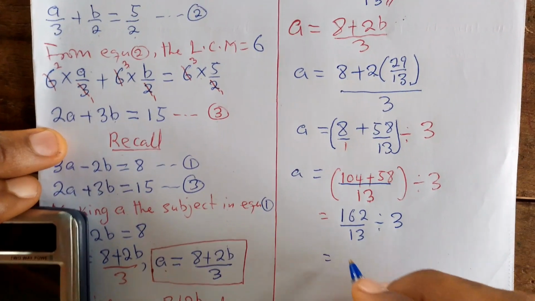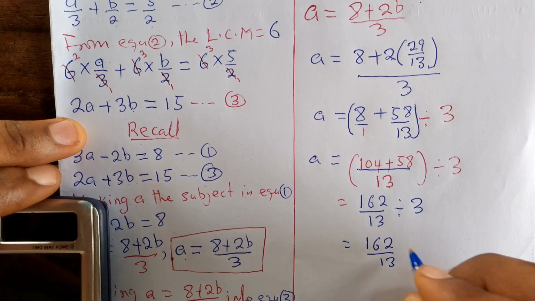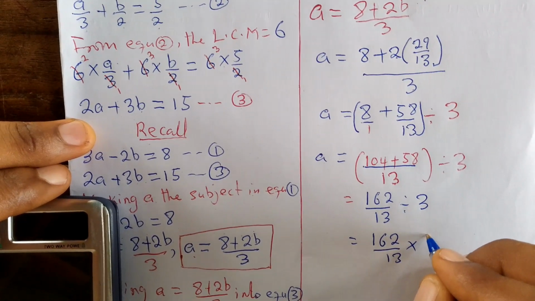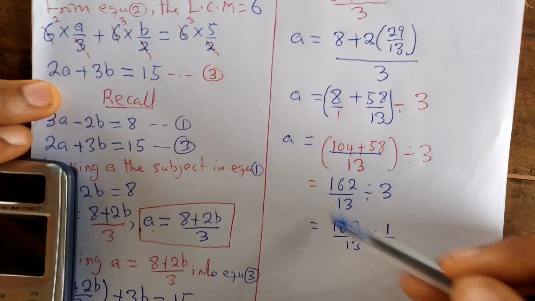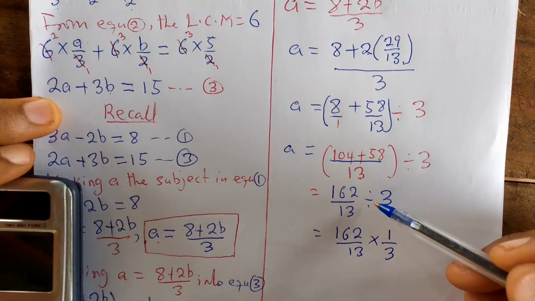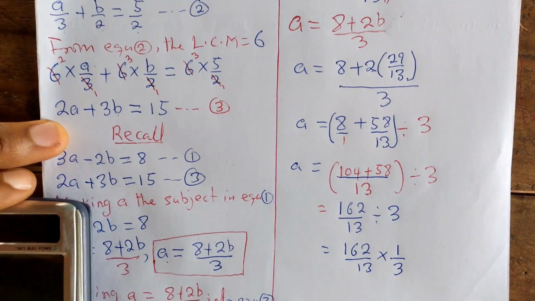So this is equal to 162 divided by 13 times 1 out of 3. So when you want to divide a fraction, you maintain the first one, change the division sign to multiplication, and find the reciprocal of the second one.